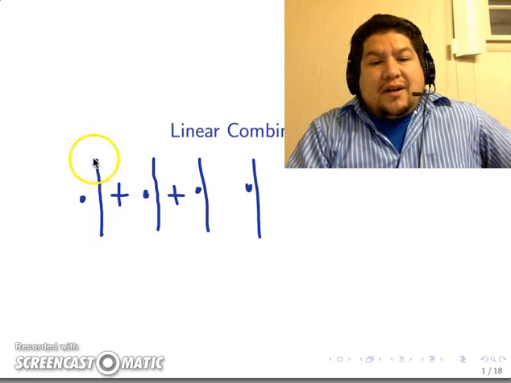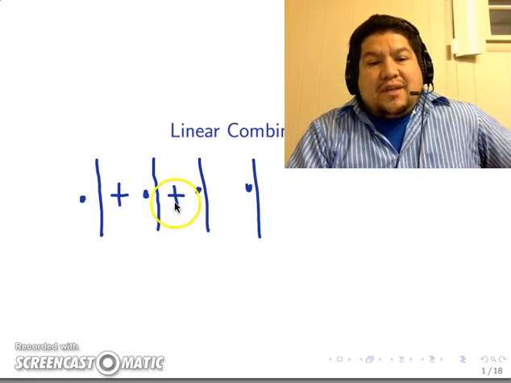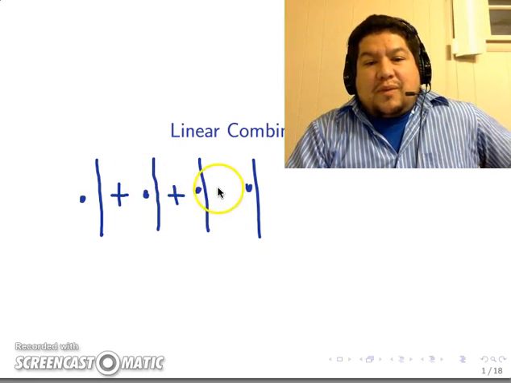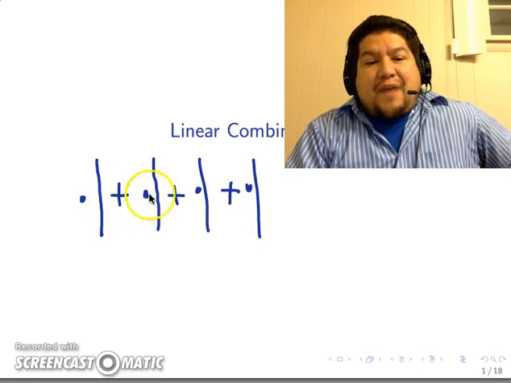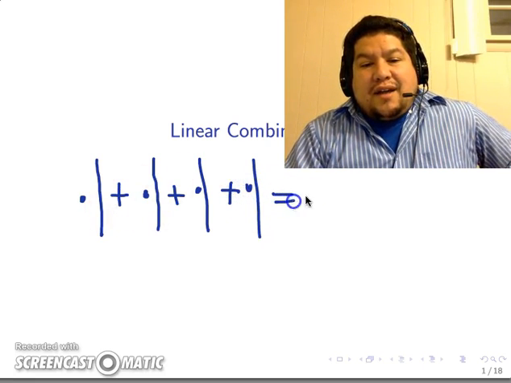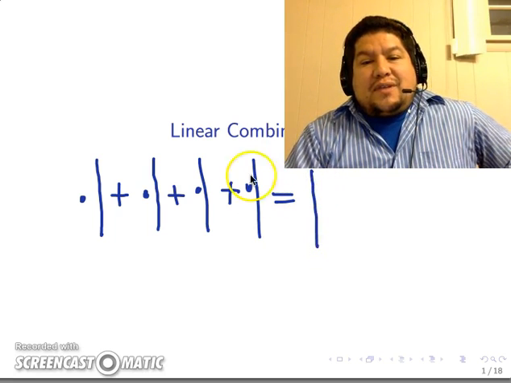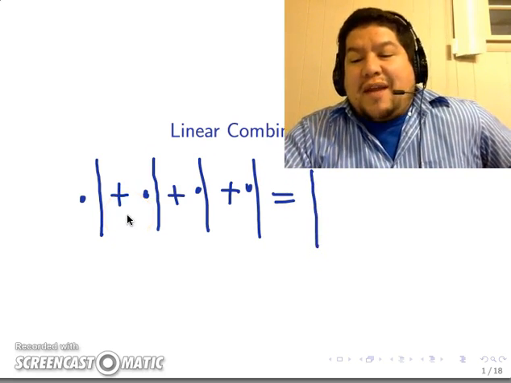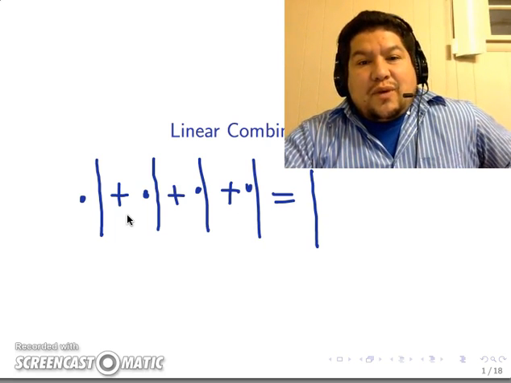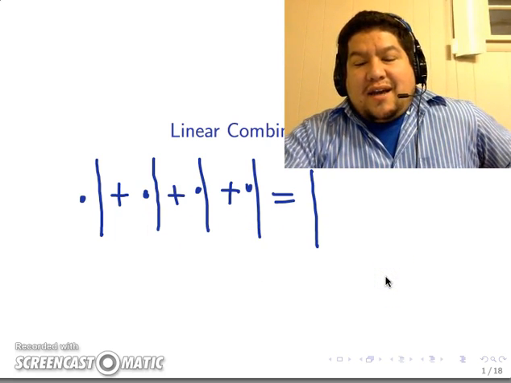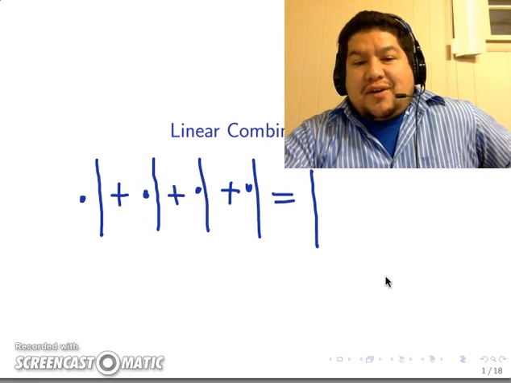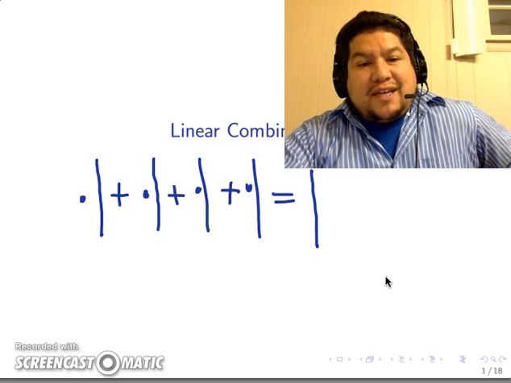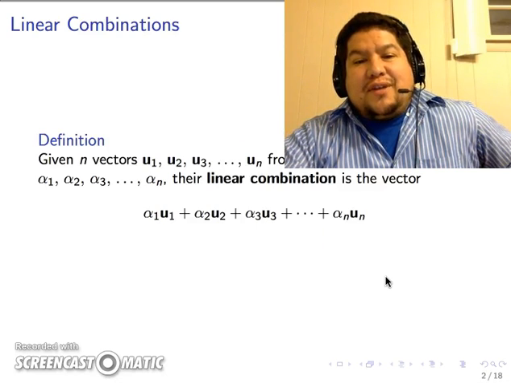A scalar multiplied by a column is a column, and adding these four columns is going to lead to a column itself. So all these columns are supposed to be of the same length. This is just one way of visualizing some of the operations on vectors, which involve scalar multiplication and addition of vectors.